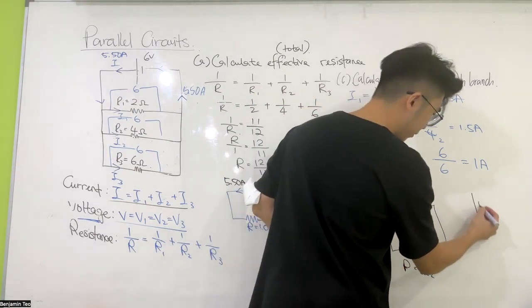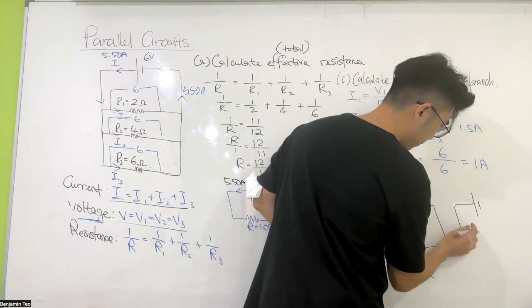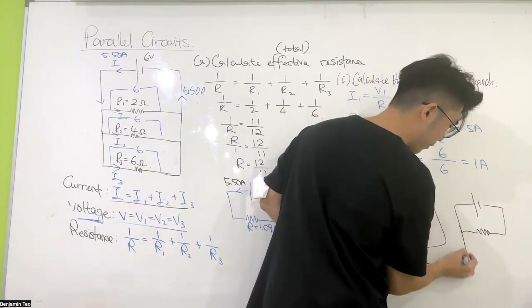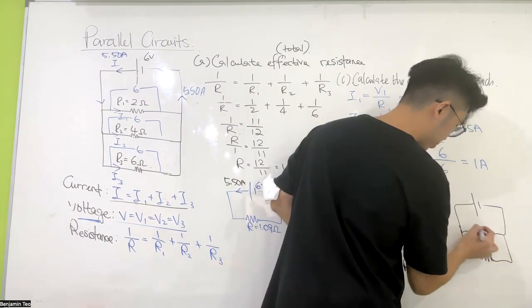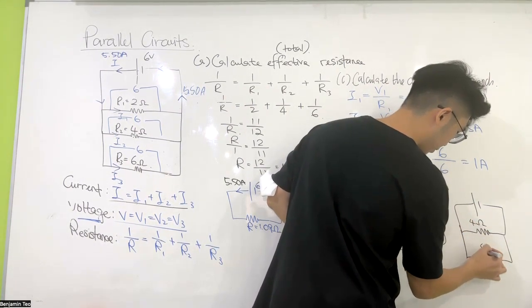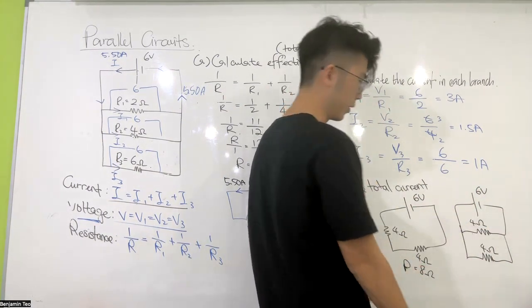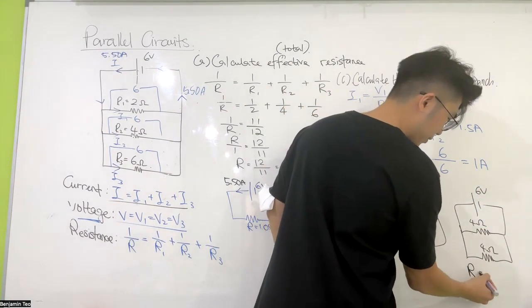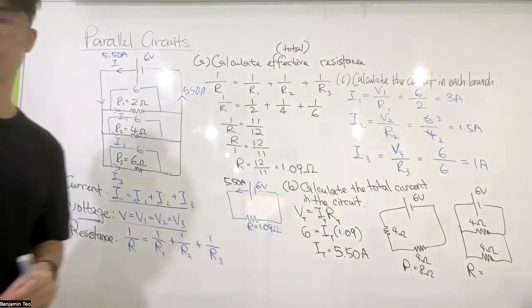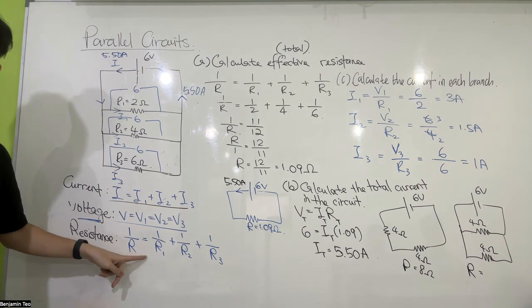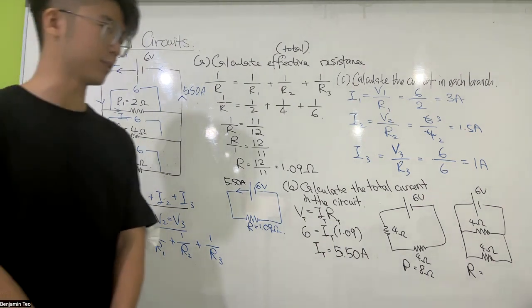Now, if I do it in parallel, the same resistors, exact same, but I arrange them differently. I arrange it in this way. Still the same battery. What is my effective resistance? Before, you have to do this. Can you calculate what is your effective resistance?